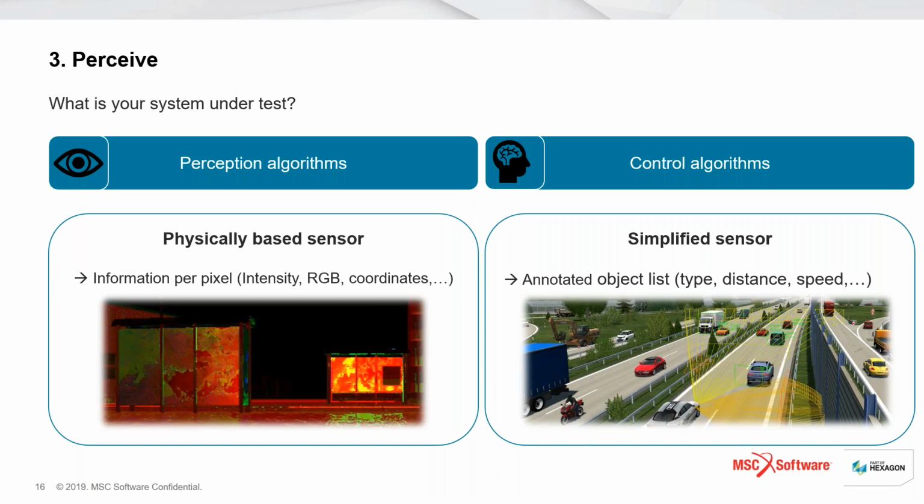And this annotated object list can be object velocity, can be object type, occlusion plane, coordinates. This is a simplified sensor.